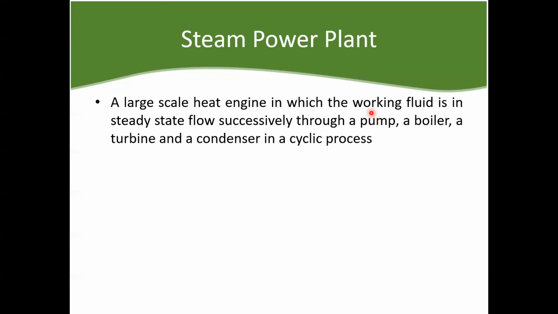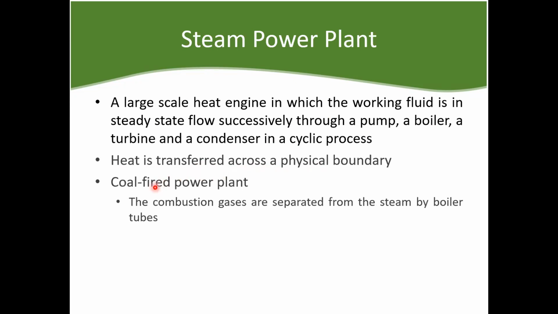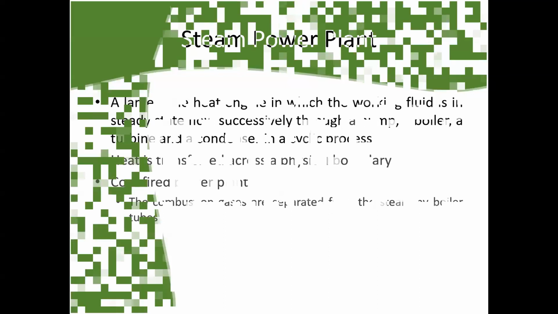So these are the four basic parts of a steam power plant: pump, boiler, turbine, condenser. And heat is transferred across a physical boundary. Meaning, for example, in a coal-fired power plant, the combustion gases are separated from the steam by boiler tubes.